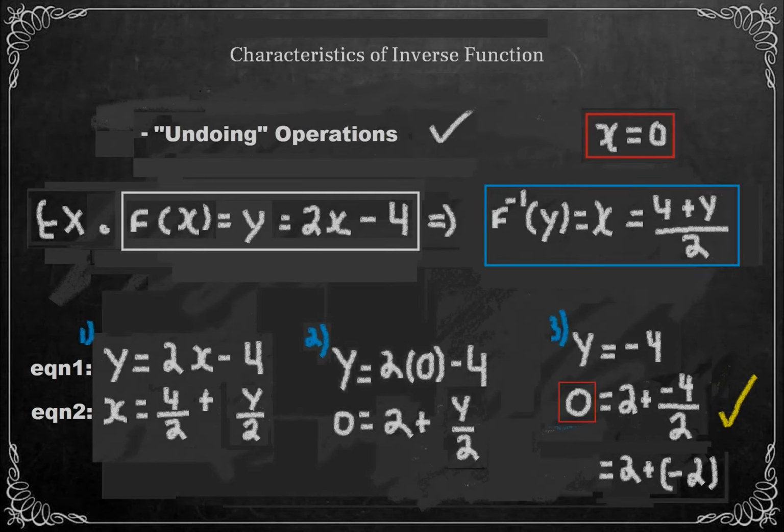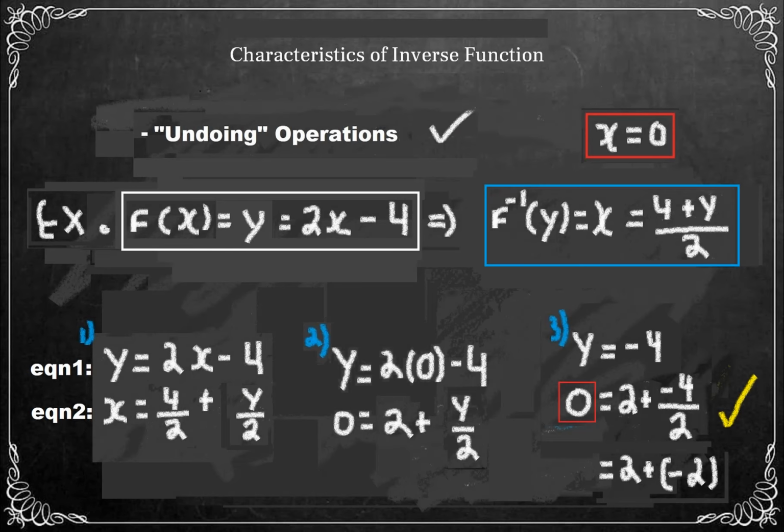To conclude, this video study is really a culmination of the previous work, as the identity highlights the relationship between the domain and range of a function and its inverse. Because the domain of f is the range of f inverse, and the range of f is the domain of f inverse.